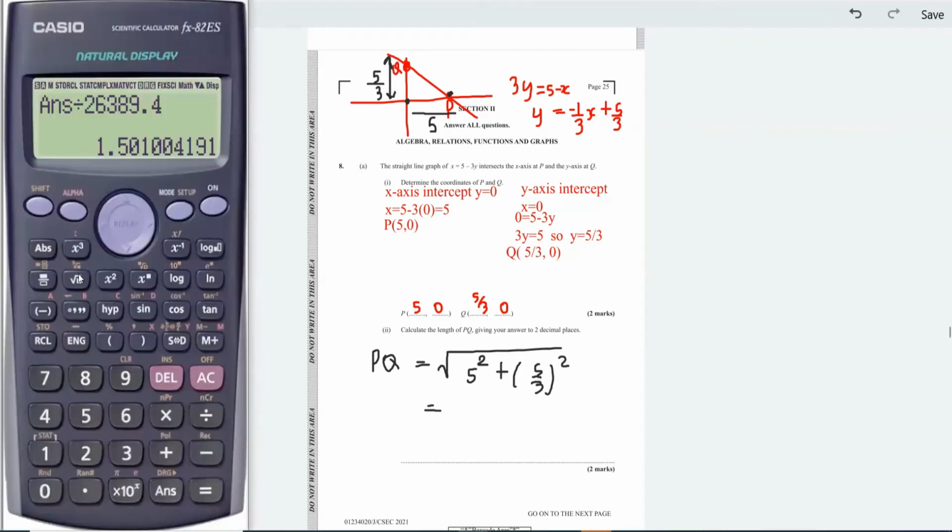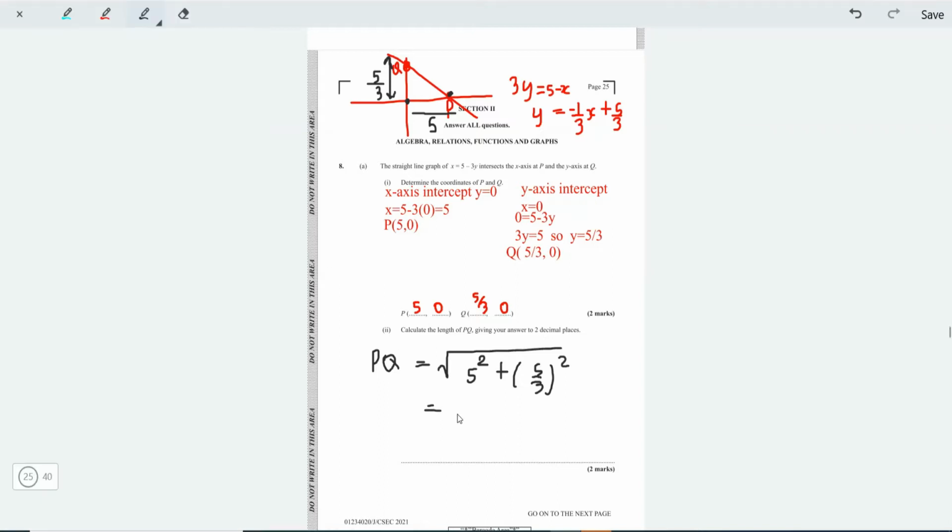The square root of 5 squared plus, in brackets, 5 over 3 squared. Working that out, what we get is 5.27. They want it to 2 decimal places, so we write 5.27. And remember that when you find the length of a line, just write units. That's PQ.